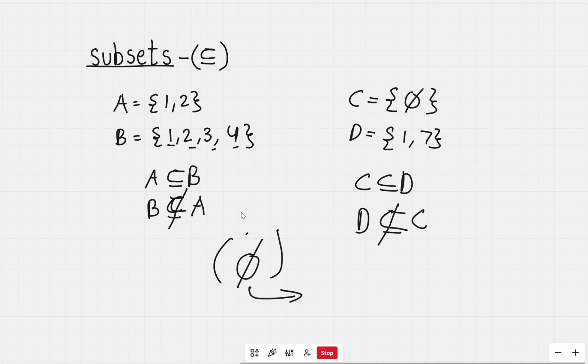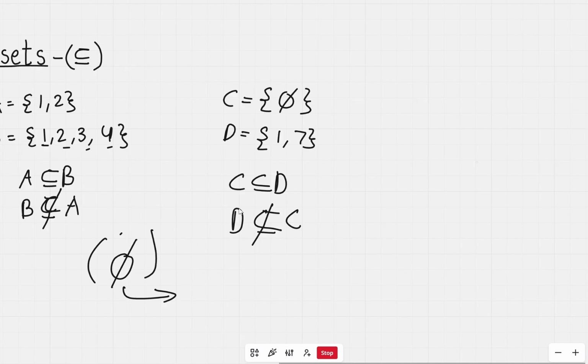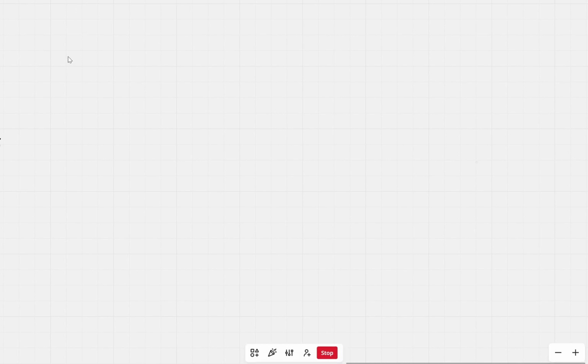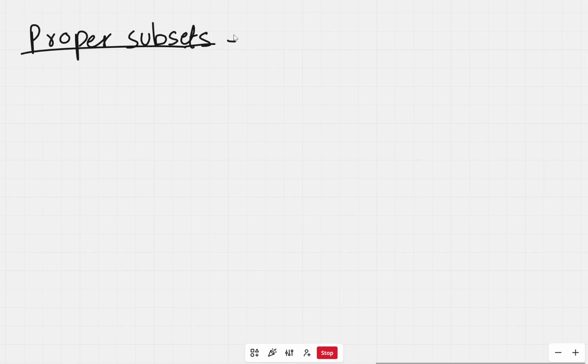Now we'll move on to our next topic, which is proper subsets. Proper subsets aren't a different topic, it's basically a subtopic of subsets. So the definition of proper subsets, and the notation for proper subsets is this.